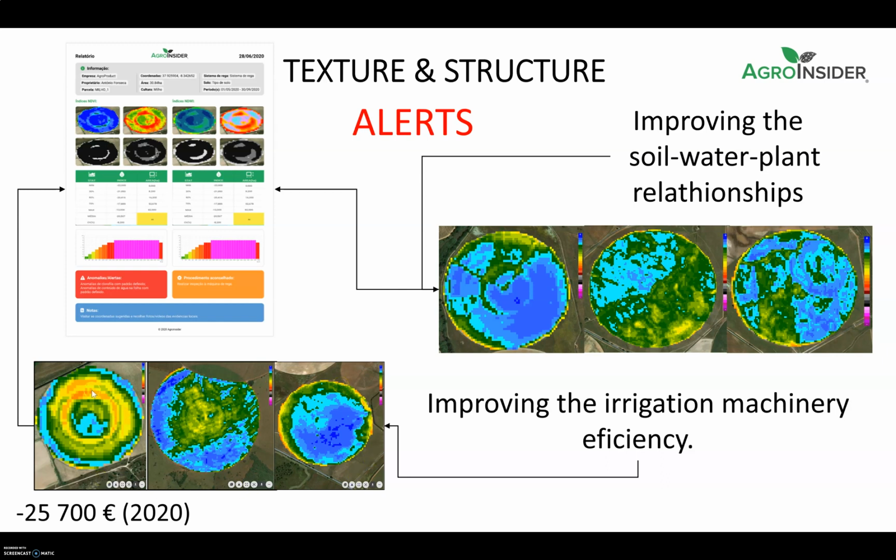For instance, this was a problem of the irrigation system. The farmer lost 2,500 euros in the campaign of 2020. And this is also a parcel with problems on the inner part of the irrigation system, and this is also a parcel with problems on the outer part of the irrigation system.